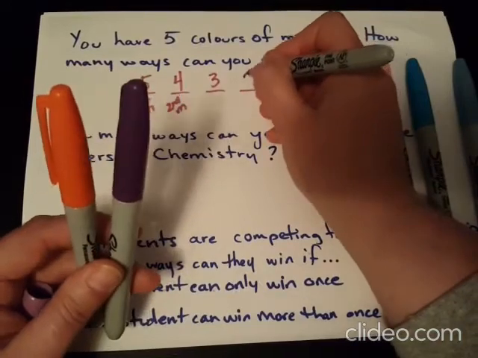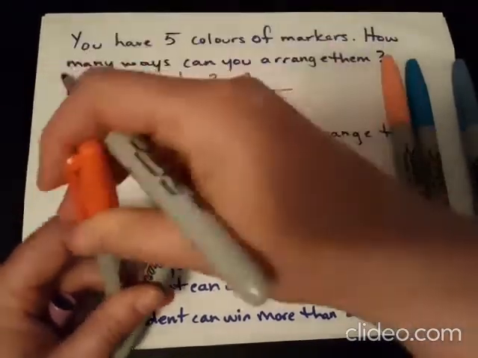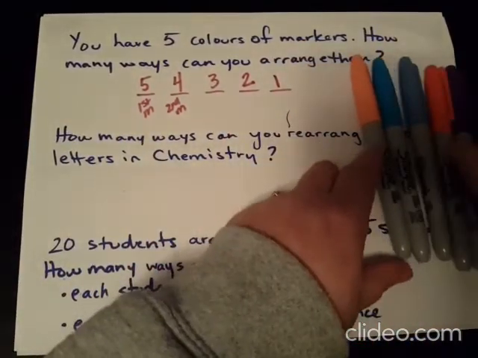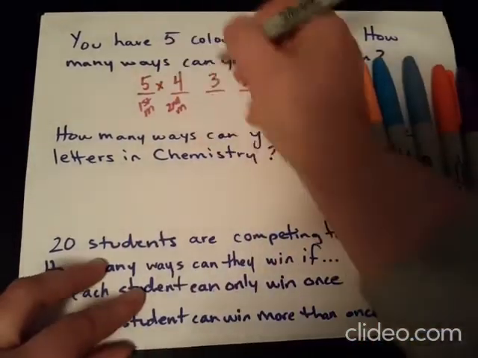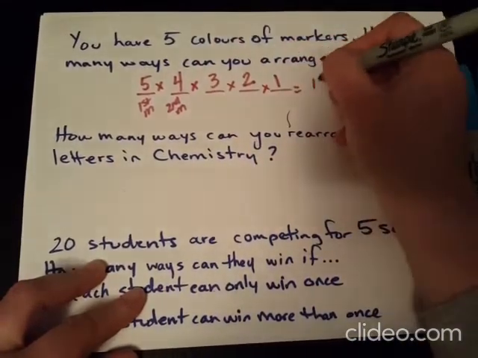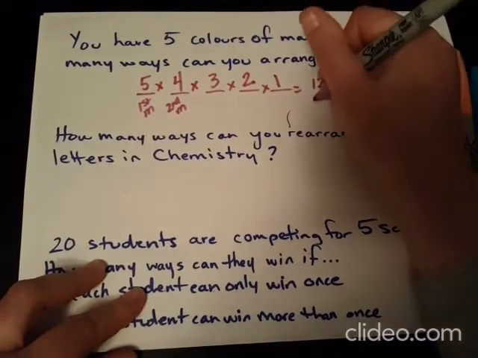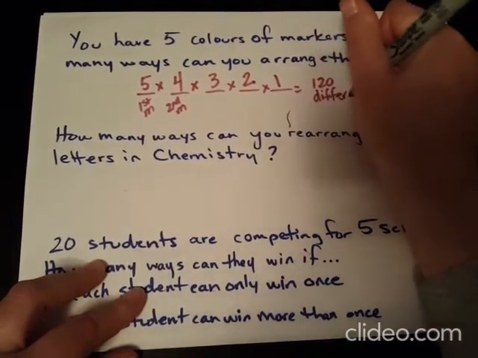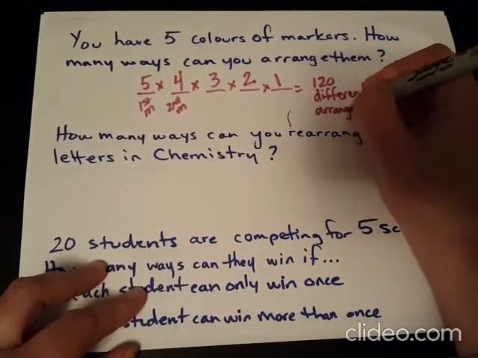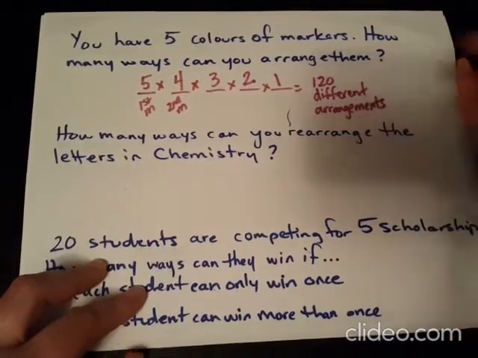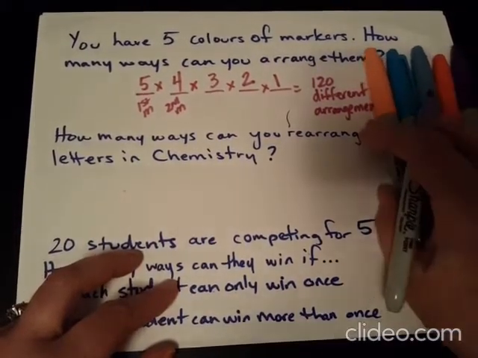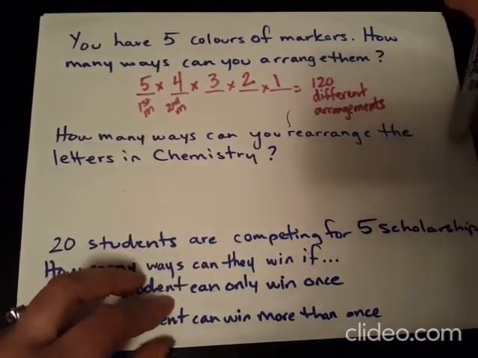For the fourth marker, there's only 2 choices left. And then once I put this down, there's no choice. There's only one possibility. So now when I multiply those through, I see that there's 120 different arrangements for the markers. So there were 120 unique ways for me to have arranged these 5 markers.